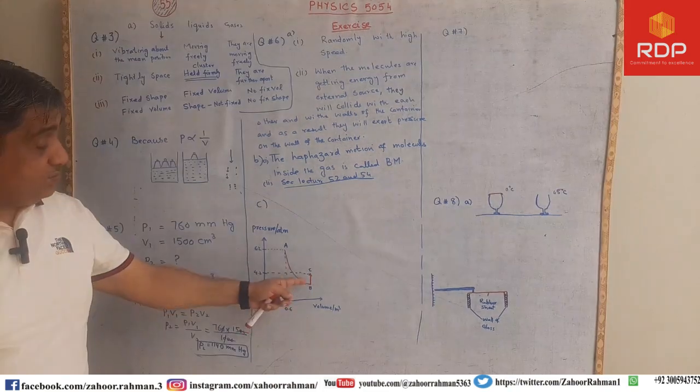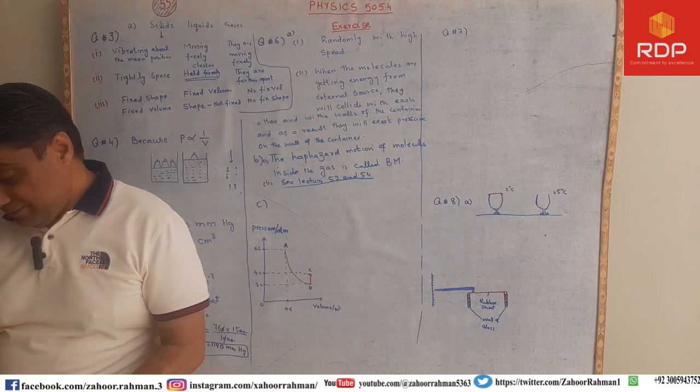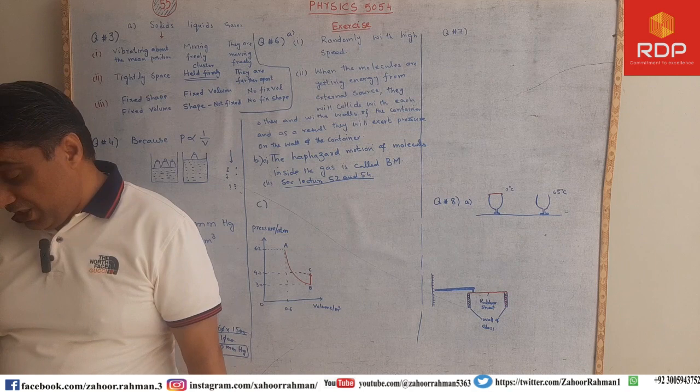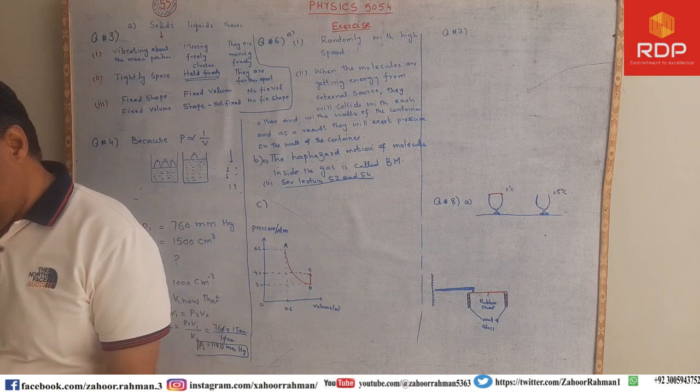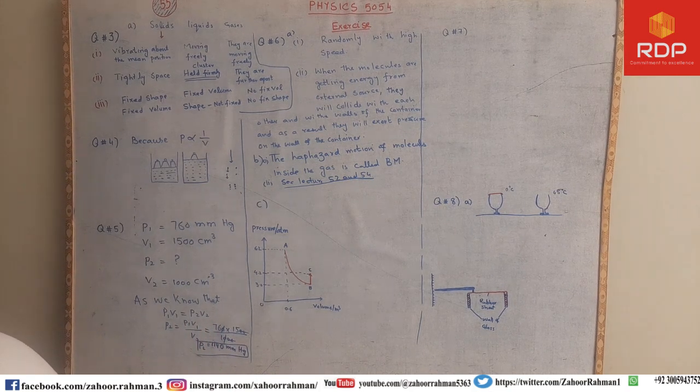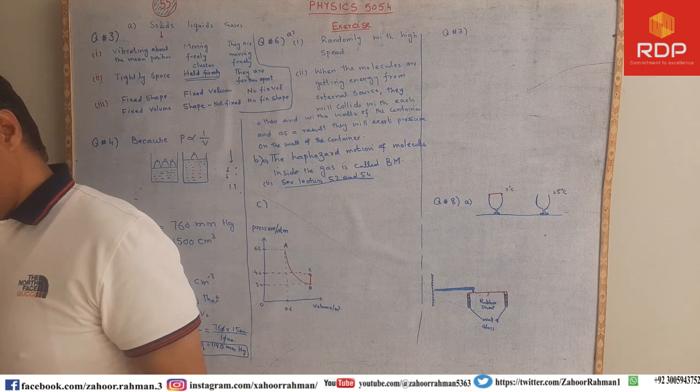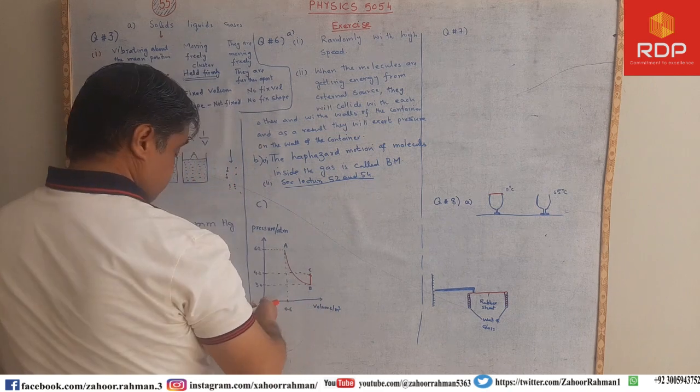BC, which is this one, represents a further change for the same mass of the gas. Now we have to turn the page and see the question.